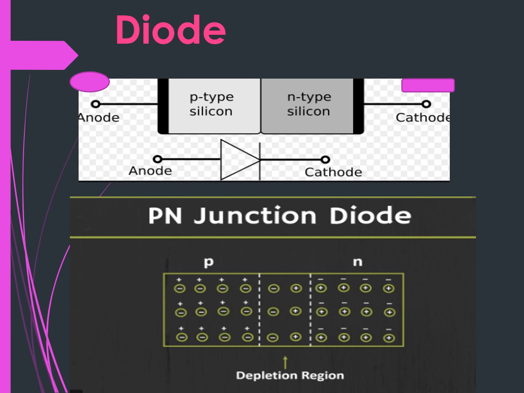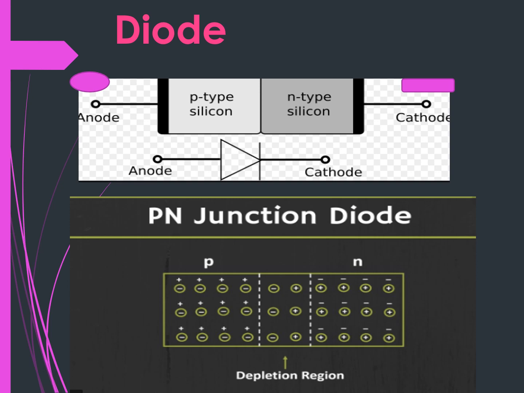An ideal diode will have zero resistance in one direction and infinite resistance in the reverse direction. That's why it allows the current to flow in one direction.